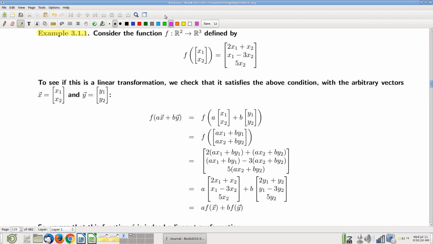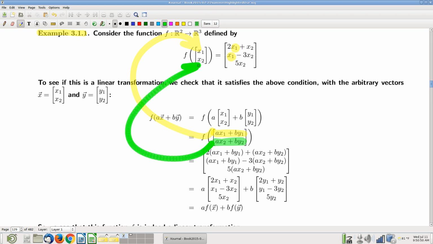Now notice what I have. Let me use different colors. I have a first coordinate and a second coordinate that I'm plugging into the function f. Well, that first coordinate I need to put wherever I see an x1, and this second coordinate I need to put wherever I see an x2.